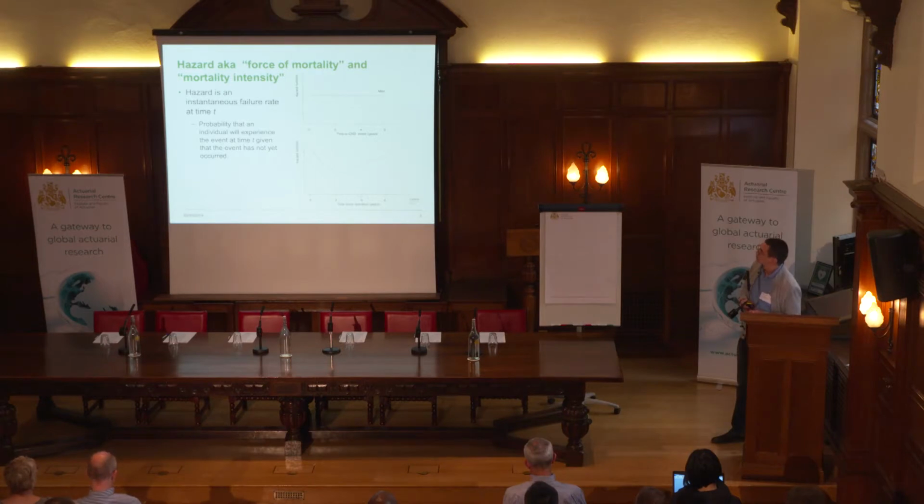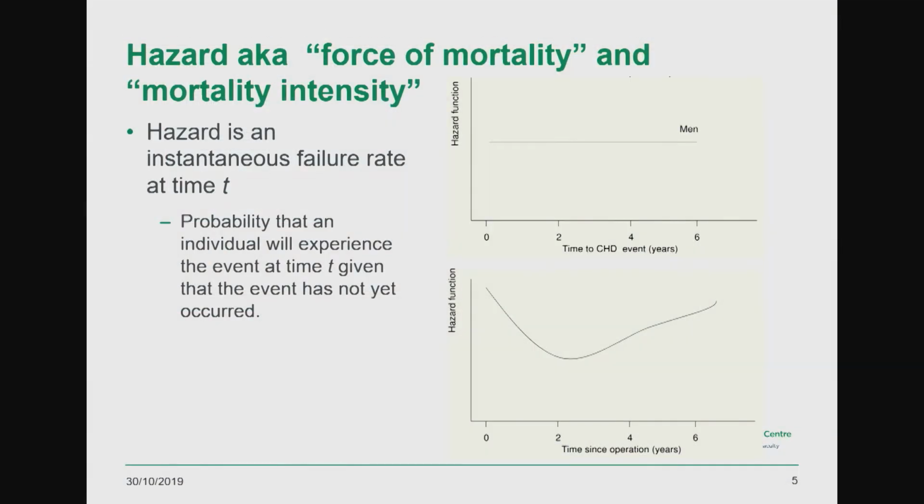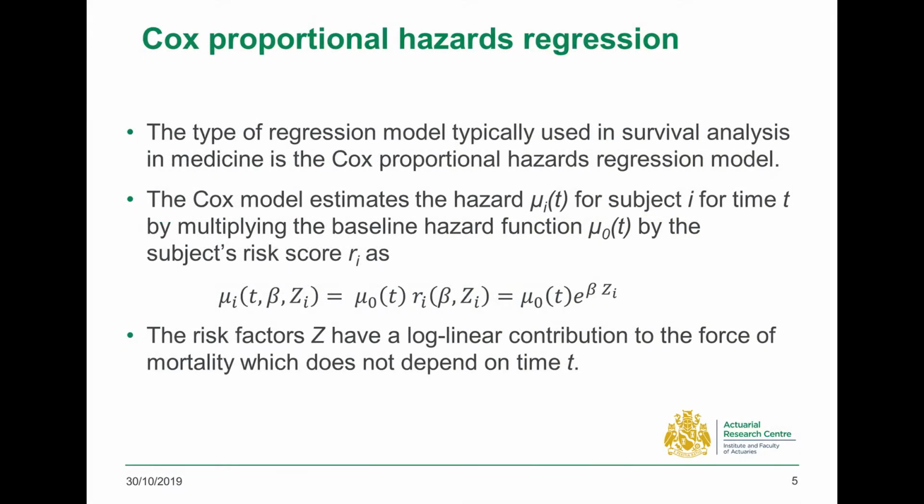It stays constant, whereas in the second graph, you can see that the hazard function is high at time 0, then it goes down until time 2 and increases back again. So I hope this is all clear.